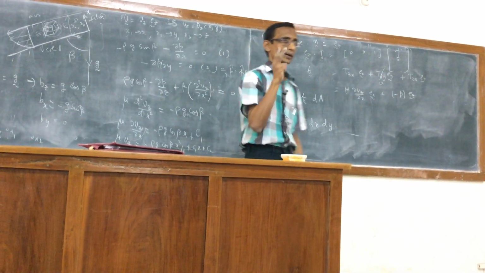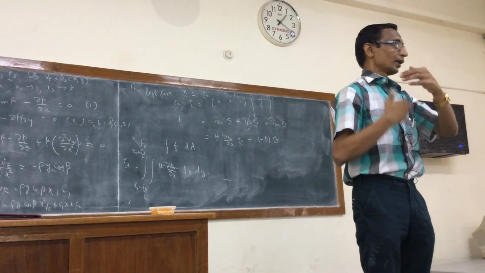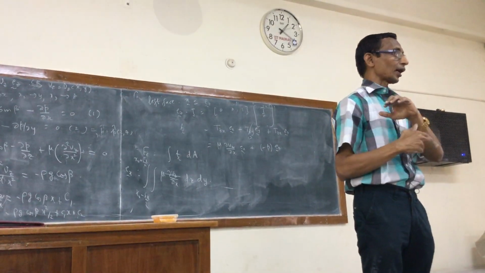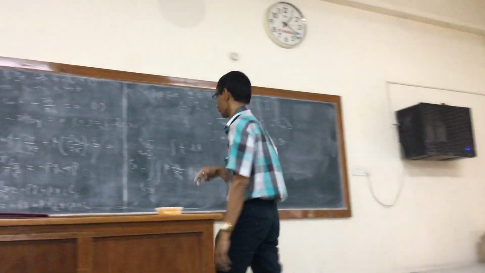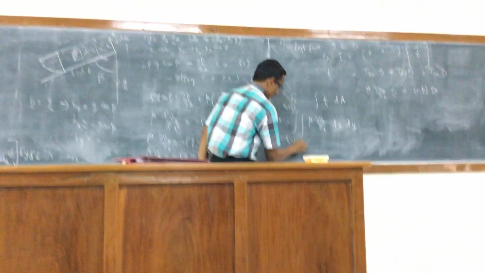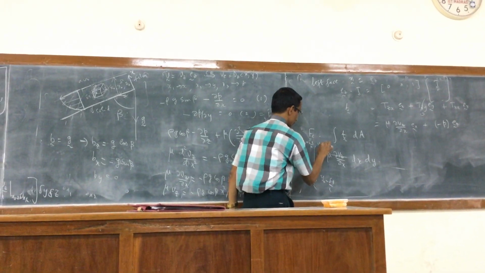The rectilinear integration is very easy to do. If the planar surface were oriented in an arbitrary direction, it would be a bit difficult to do the integration. But here it's very straightforward. And this would be y0 minus delta y by 2.